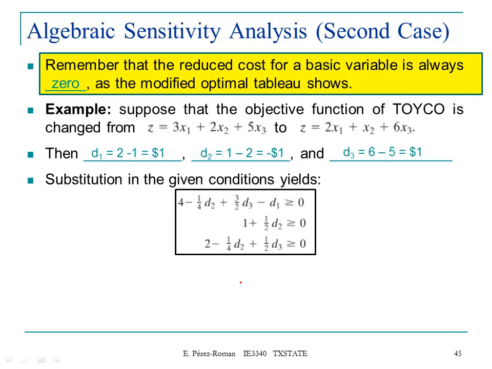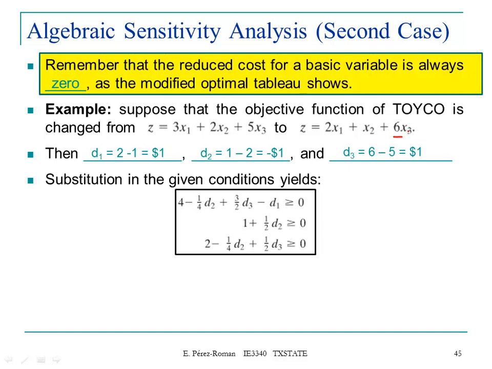And D3 equals 6 minus 5. Let me check something really quick.